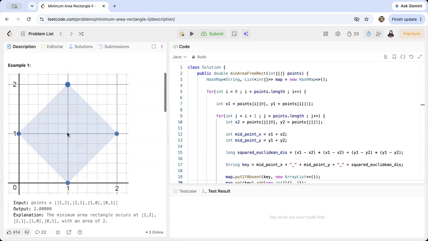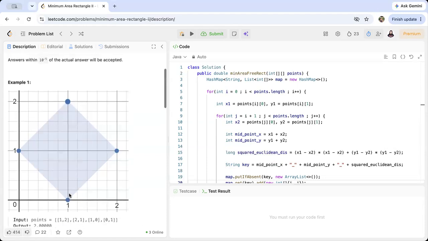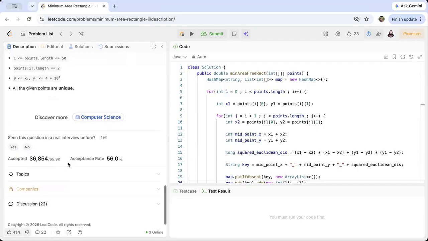So using this property, for every pair of points, we can treat the two points as a diagonal, calculate the Euclidean distance between them, and also calculate the midpoint. Now, if we find another diagonal which has the same midpoint and the same distance, we can consider that as a valid rectangle, calculate the area and update the global minimum as required. So this is the way we are going to approach this question.